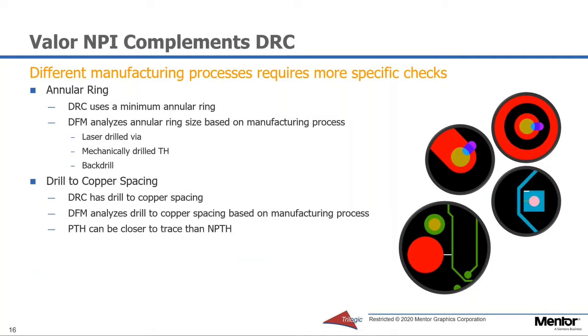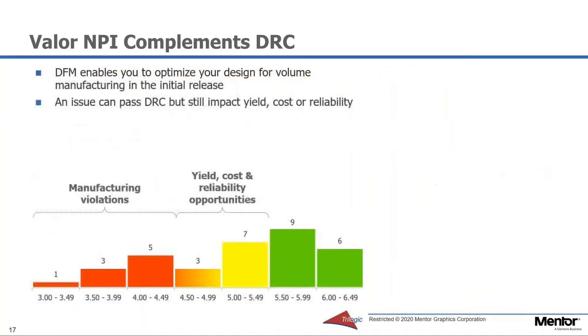For example, DRC may check for a minimum annular ring, but DFM will check the annular ring based on the manufacturing process, laser drilled, mechanically drilled, or back drill configurations, for example. DRC has a drill to copper spacing rule, but DFM will analyze the drill to copper spacing based on the manufacturing process, plated through hole versus non-plated through hole, for example.